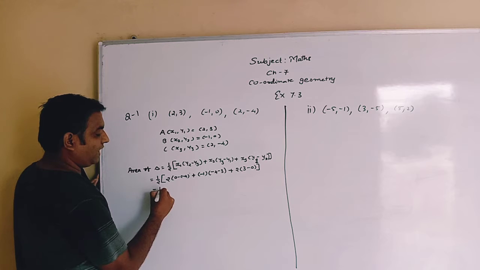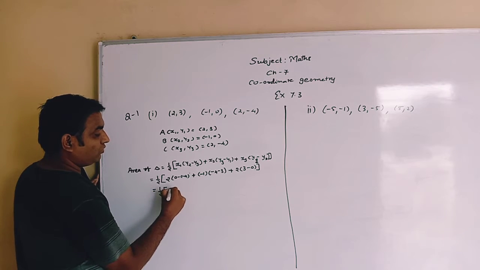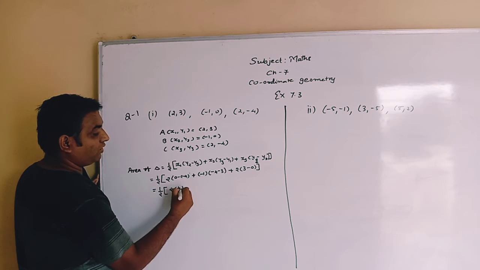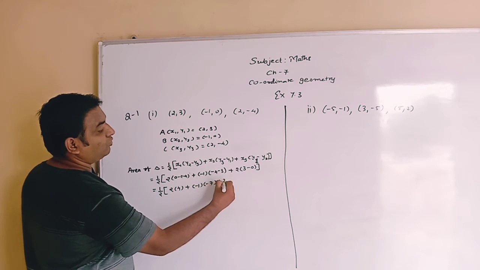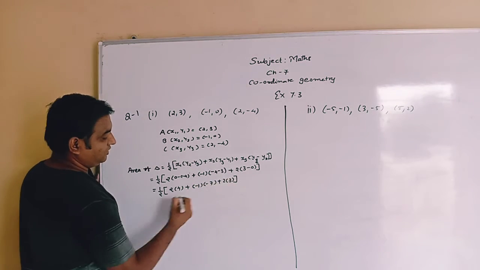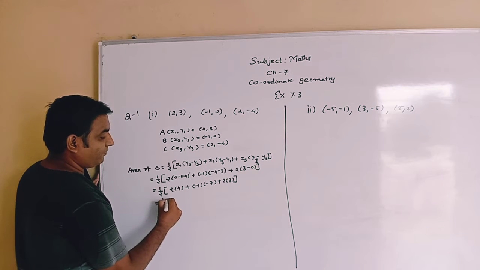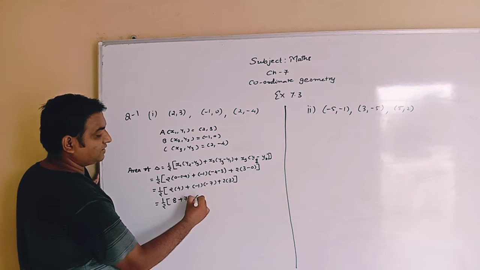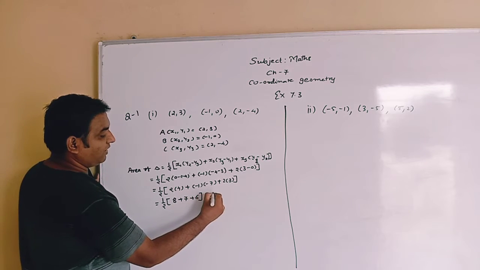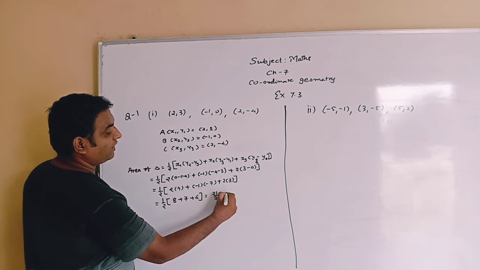So we have 1 by 2 [2 into 4 minus 1 into (-7) plus 2 into 3]. So we have 2 fours are 8 plus 7 plus 6, and so it is 21 by 2 square units.